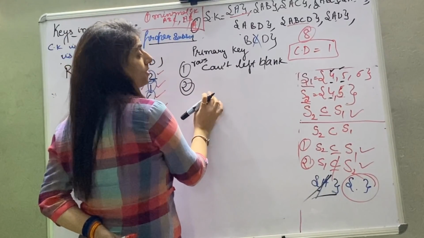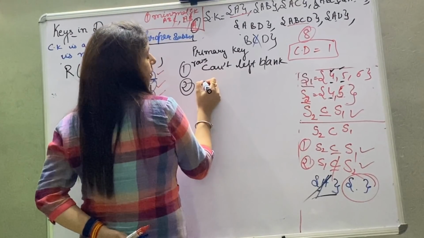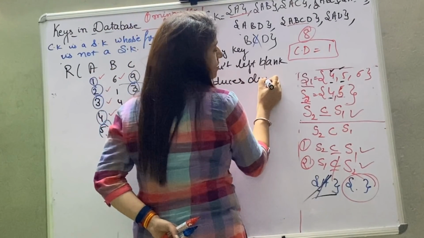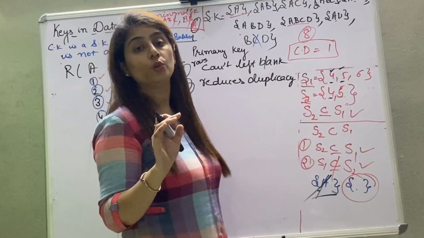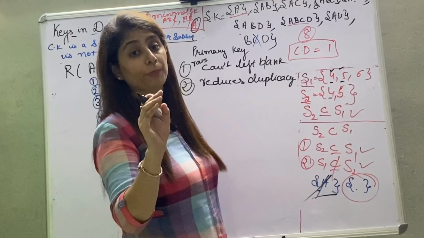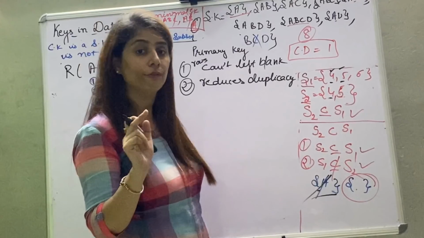Next, what is next here? It reduces duplicacy. It reduces duplicacy means it will not allow you to enter duplicate values. Wherever you have applied the primary key, it will not allow you to enter a duplicate value.